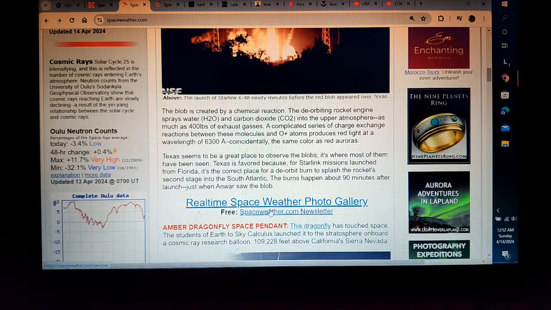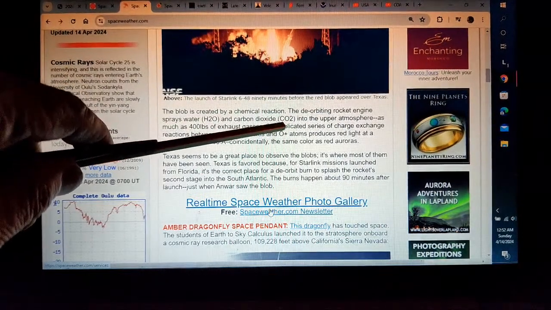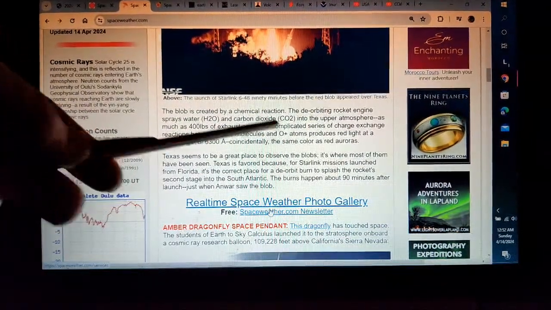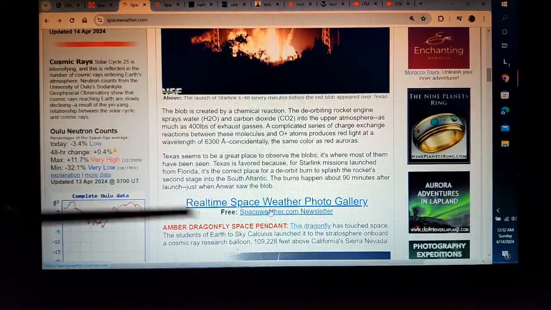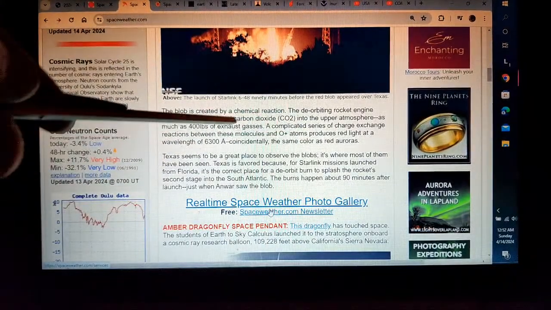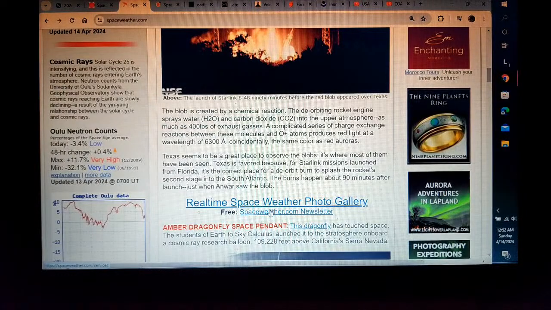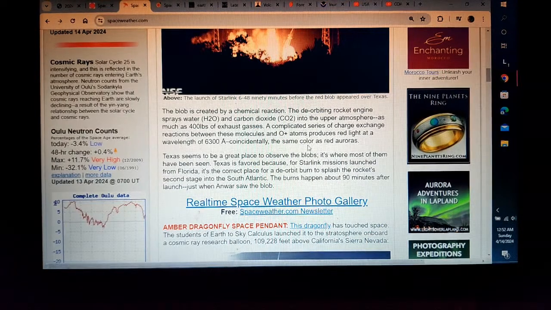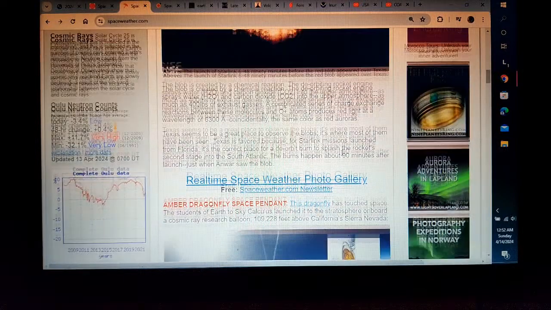Releasing carbon dioxide into the upper atmosphere, as much as 400 pounds of exhaust gases. A complicated series of charge exchange reactions between these molecules and O+ atoms produces red light at a wavelength of 6,300 angstroms.